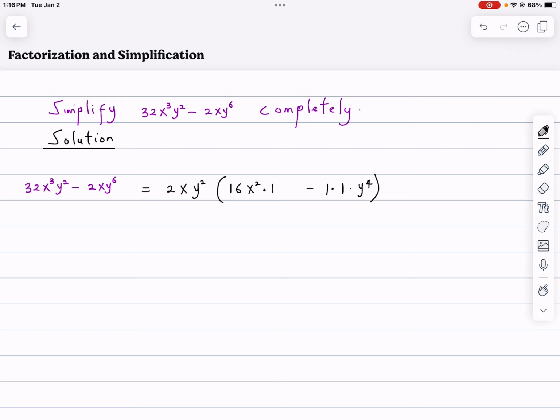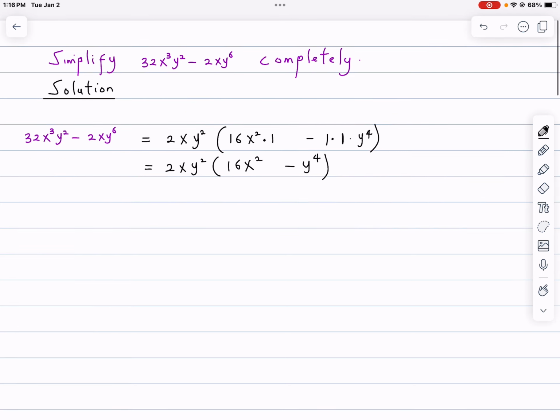Okay, and you can always verify if your factoring is correct or is optimal by just multiplying back. And when you multiply the right hand side, you should get back the left hand side. So I'm going to write this as 2xy squared times 16x squared minus y to the power of 4.